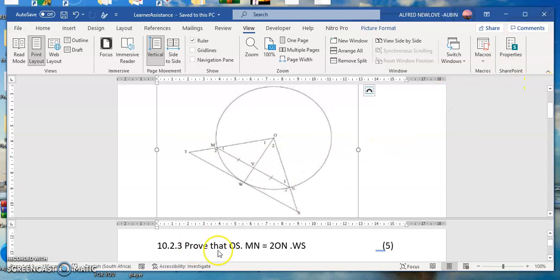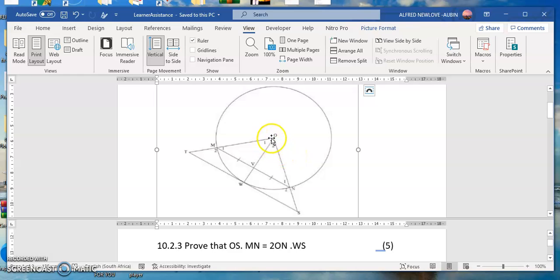The question says prove that OS times MN is equal to ON times WS. How do we prove that? The first thing, we are going to use similarities.